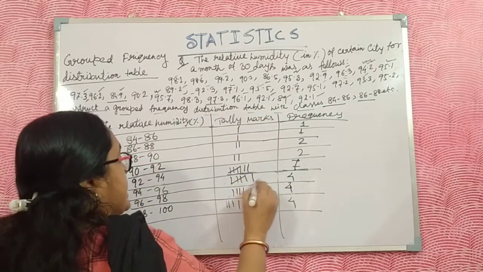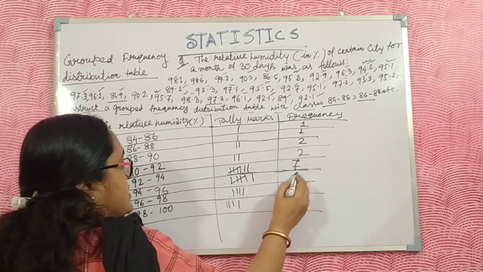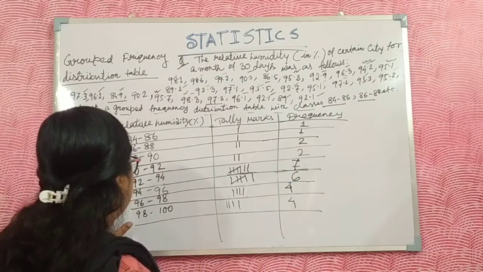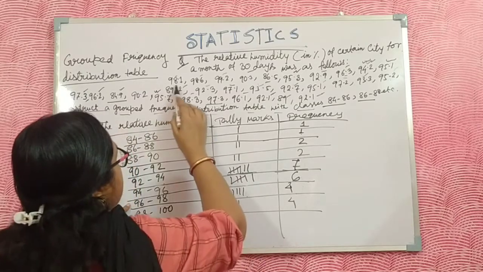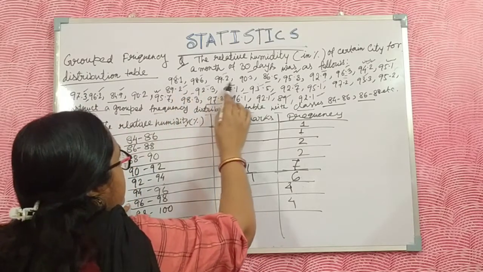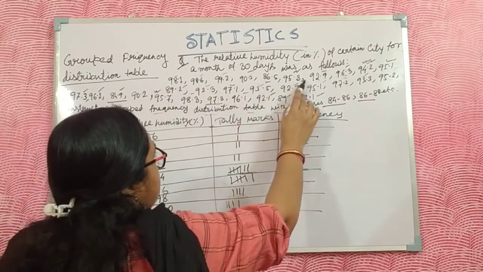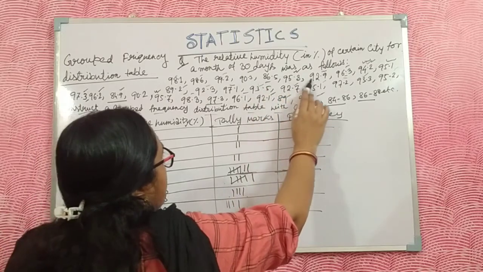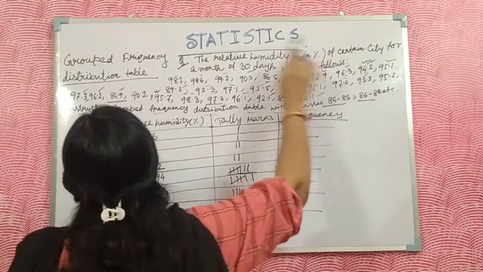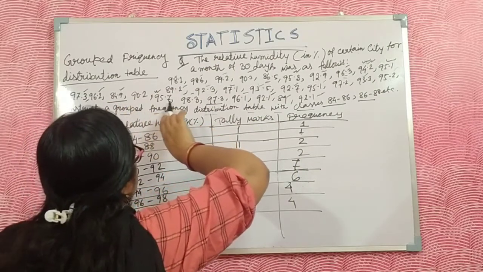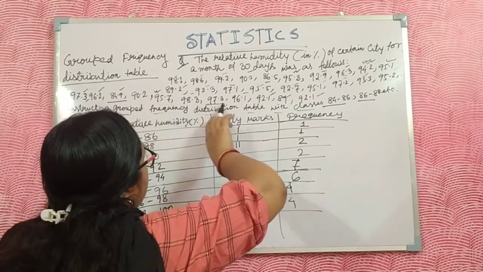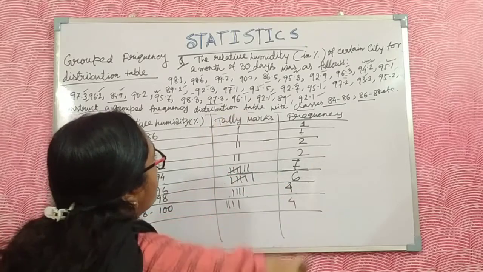So 94 to 96 is 6. And then 96 to 98. Just count 96 to 98. 1, 2, 3, 4.